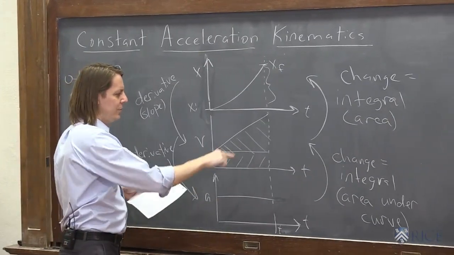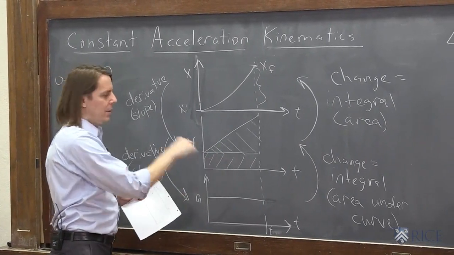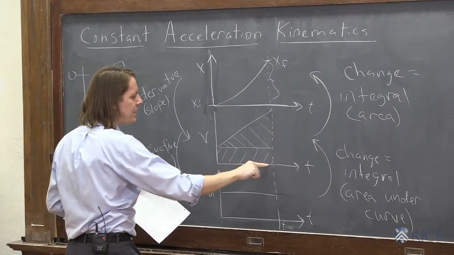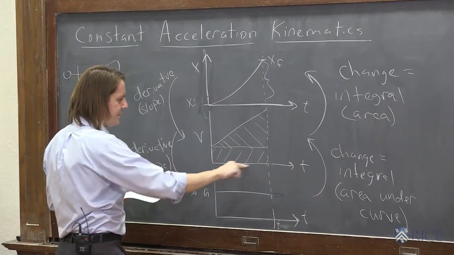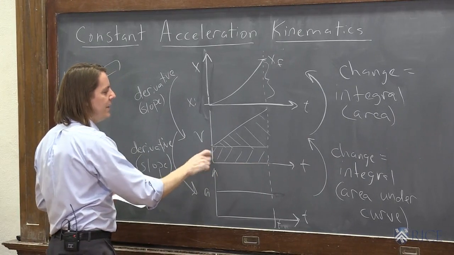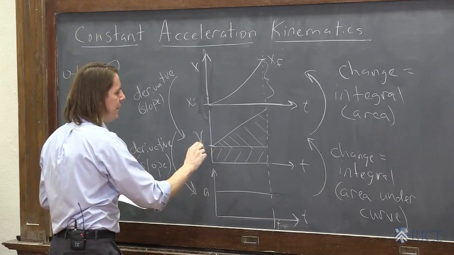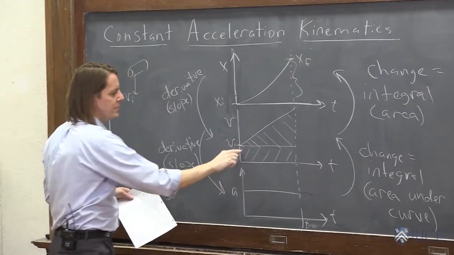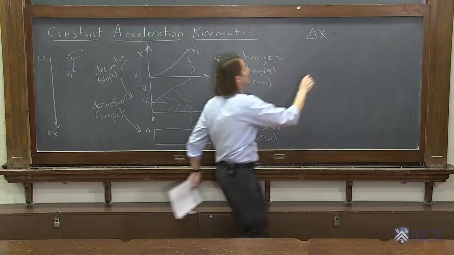So let's do this one first. That one's easy. It's t on this axis. That's t. And what is it here? That's v initial. Remember, it started at a height v initial. So the area of that box is v_i times t.